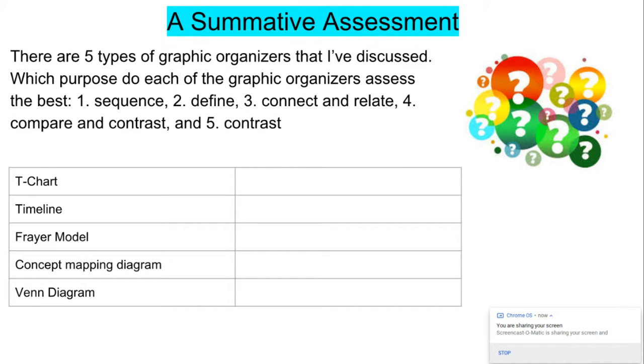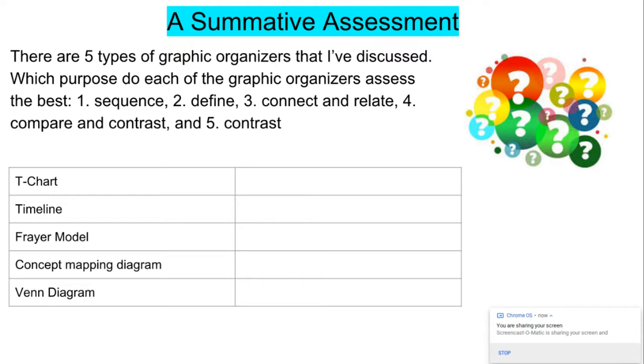Okay, the last thing to wrap it up. The last thing I will assess. This is a summative assessment. There were 5 types of graphic organizers that I've discussed. Throughout the presentation, I gave you keywords, best practices, suggestions.